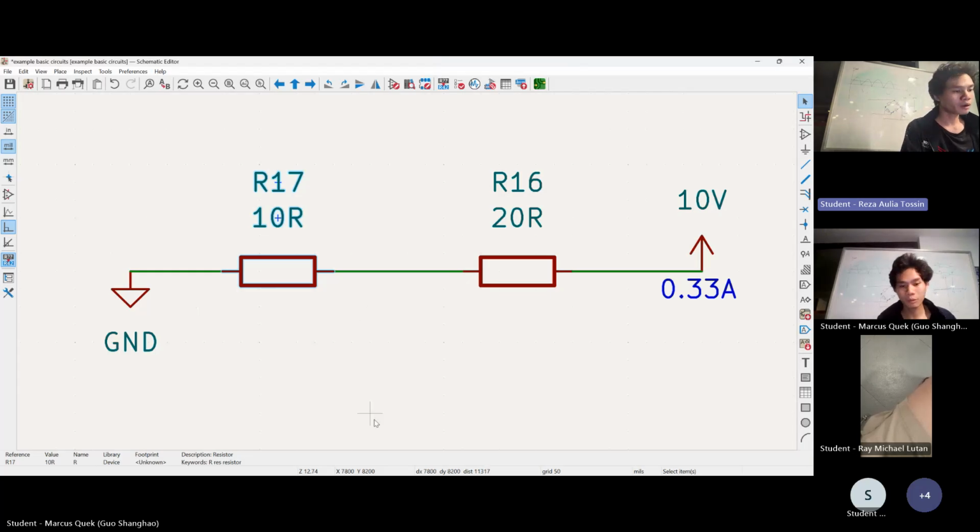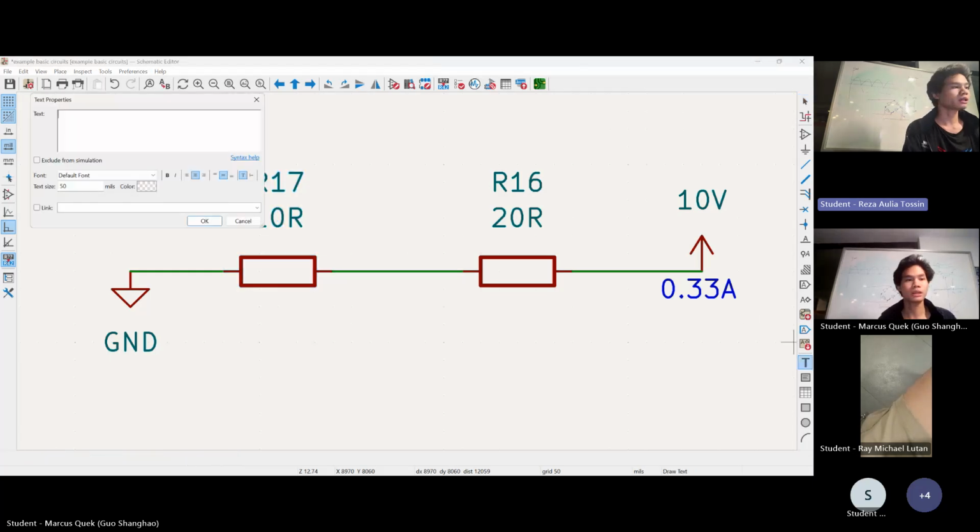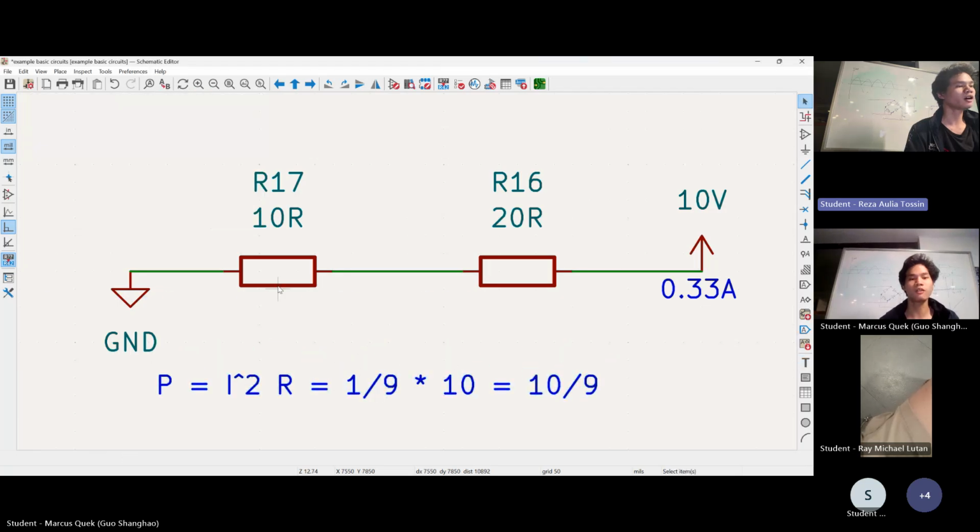P equals IV, which is I squared R. So I squared, which is 1/3 squared, times R, which is 1/9 times 10. So I've got 10/9. This is huge. I'm losing an entire joule of energy just because this resistor is here.